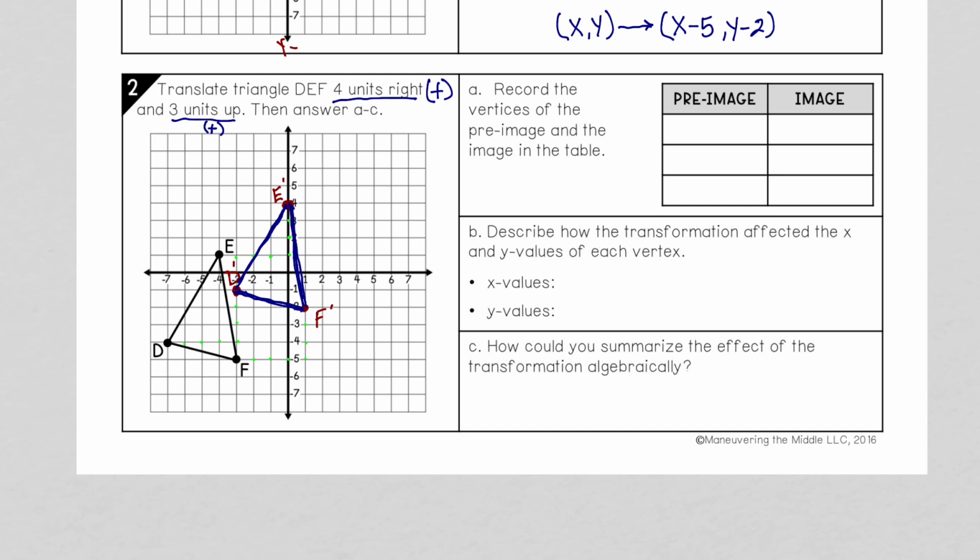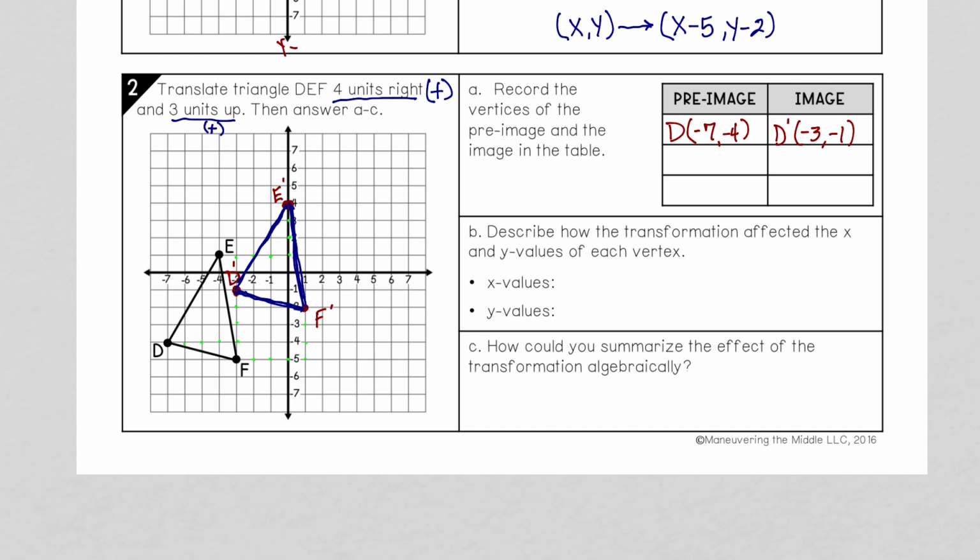Then our pre-image, D, was at -7, -4. Our D prime is -3, -1. Let's confirm that.